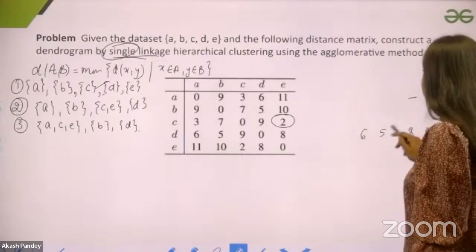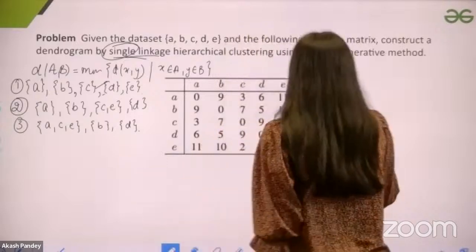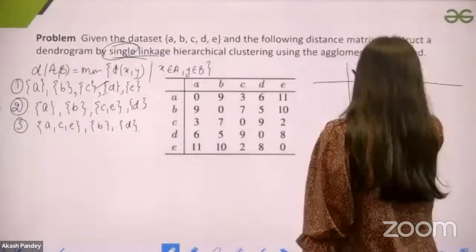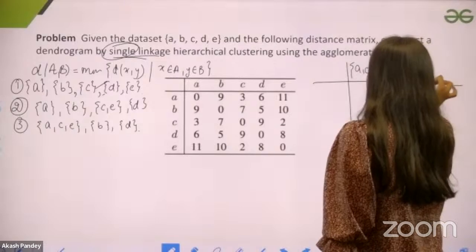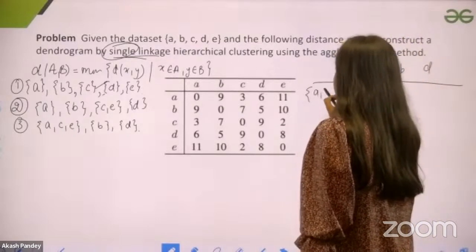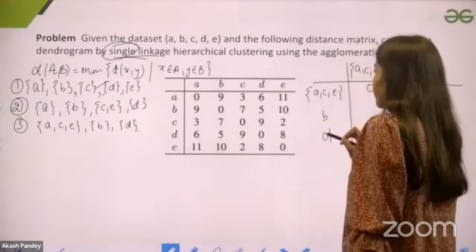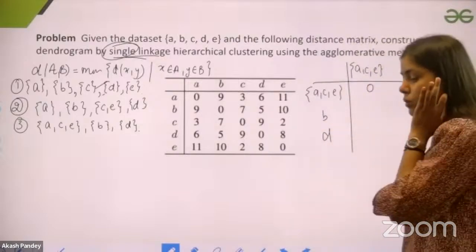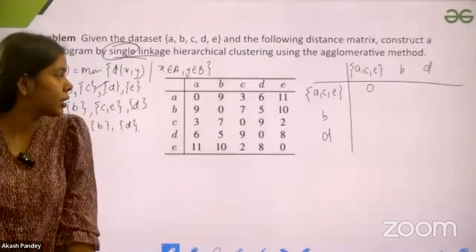Now I need to find the distance between ACE and B, D. That is, A, comma C, comma E, and B and D. I need to find the distance. What is the distance of the cluster ACE with the cluster B?